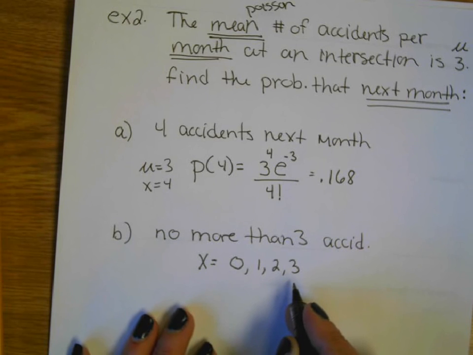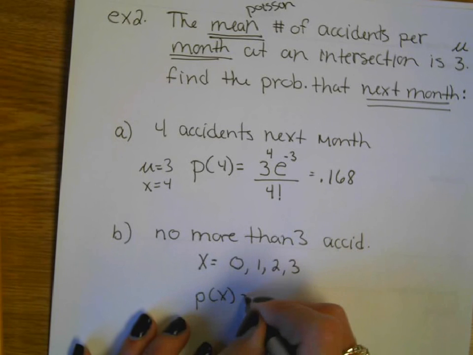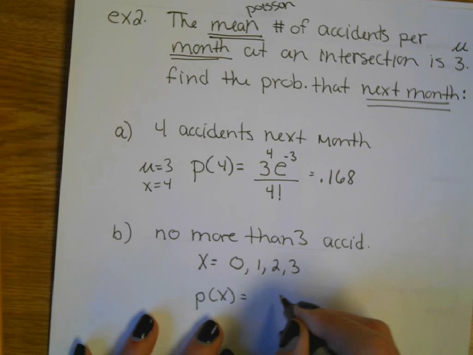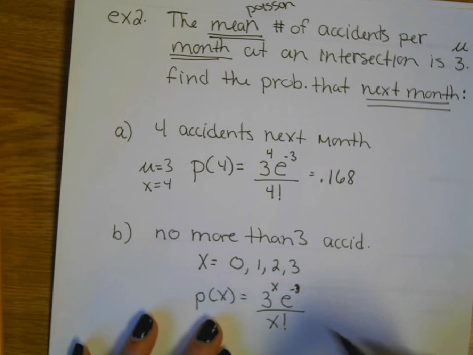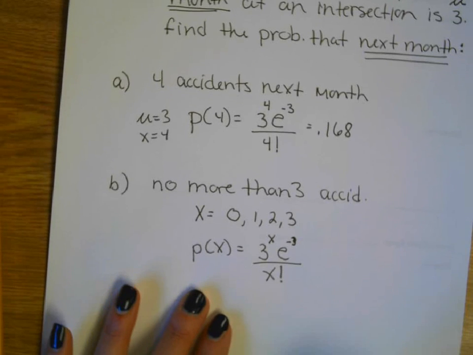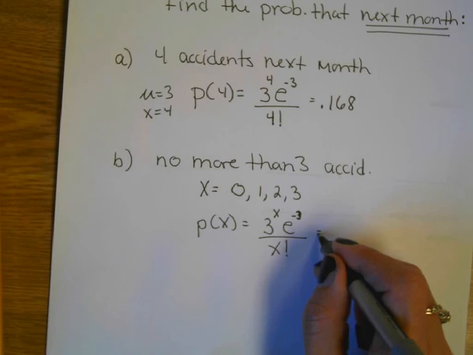So this would be a good one to use the list. So it's mu raised to the x, e raised to the -3rd, over x factorial, and our x's are going to be our values in L1. That's gonna take forever otherwise.